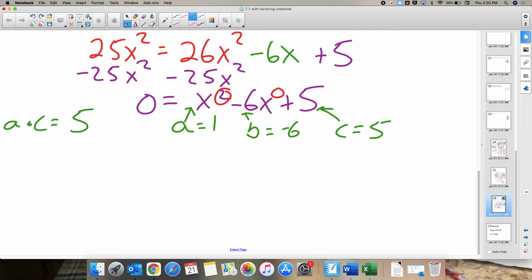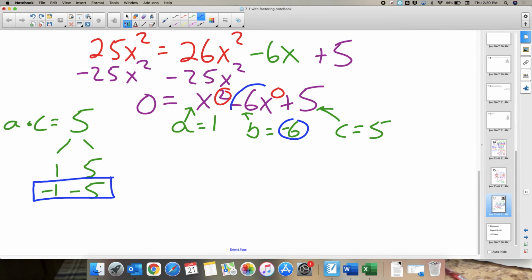The numbers that multiply to 5 are 1 and 5, negative 1 and negative 5. I want the set that will add to my B value. My B value here is negative 6. So the set we want is negative 1 and negative 5.